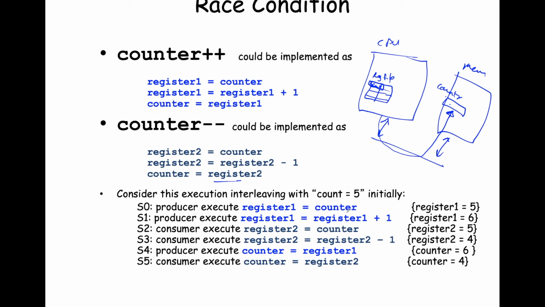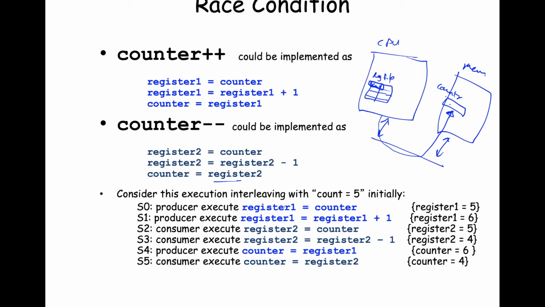Now before the contents of register 1 can be put back into counter in memory, the second thread, the consumer, runs. It loads the contents of counter into register 2. Well, counter is 5. Now register 2 is then decremented. 5 minus 1 is 4. And then at that point, a context switch happens.